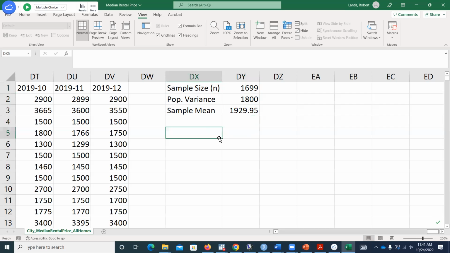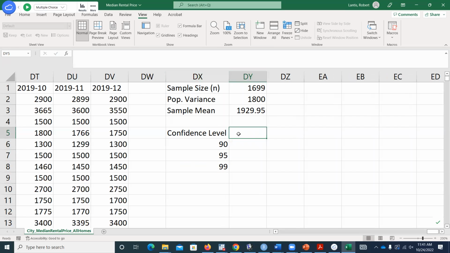Okay, perfect. From here, I could actually calculate 3 confidence levels pretty quickly, right? And our 3 benchmark confidence levels, so I'll do here, confidence level. We'll do the 90, the 95, and the 99% level, okay? These would correspond to alpha values of what?